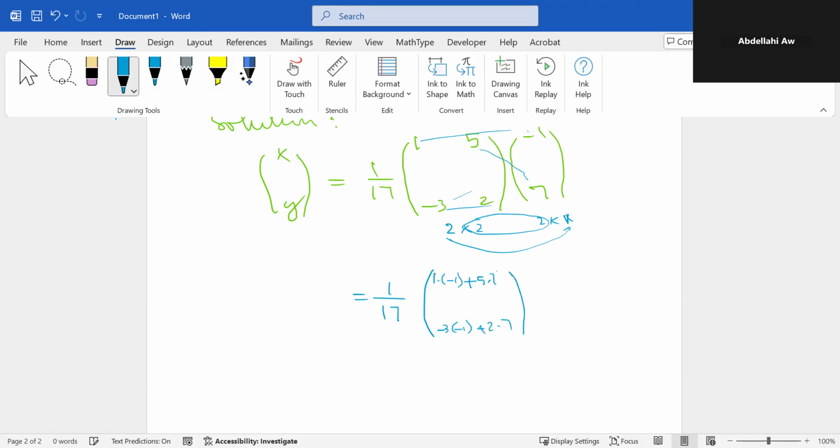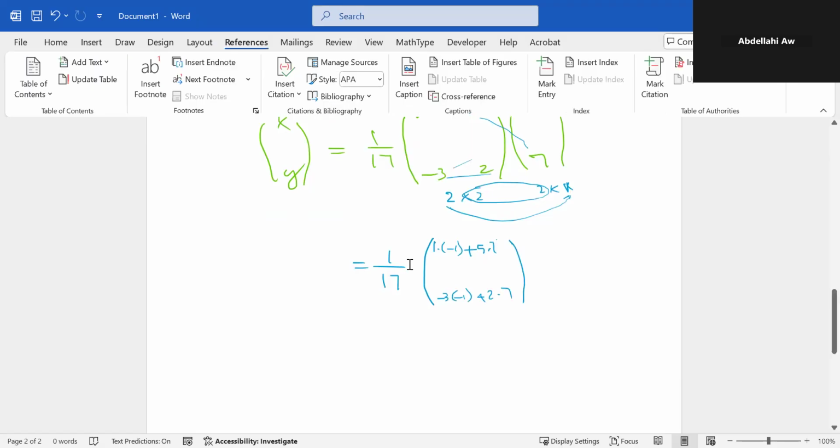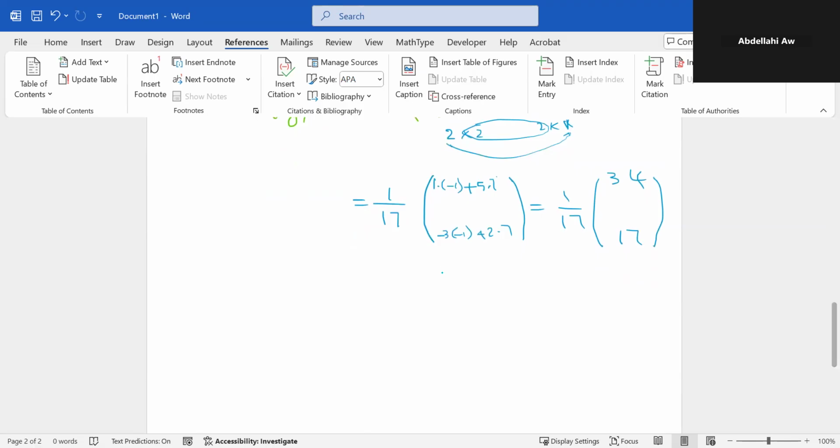I just do the math. This is 35, this is 34, right? It's going to be 1 over 17 times the first one, 34, and the second is 14 plus 3, which is 17, right? Now I can go ahead and put the 1 over 17 inside.